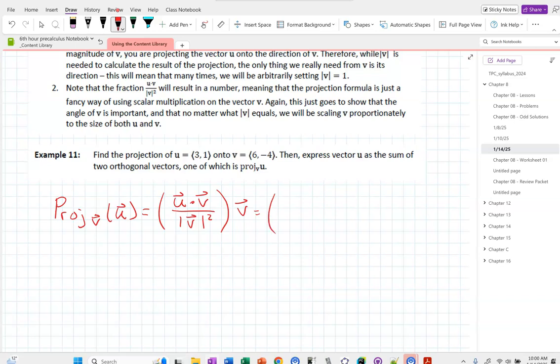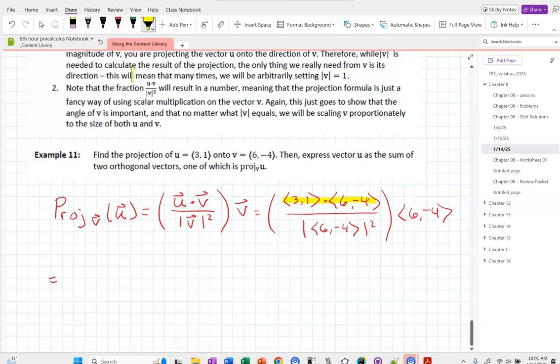And I'm going to just substitute in the values for u and v as my very first step. Yes, sir. Sure thing. So far, so good. Haven't really done anything other than plug numbers into my formula, right?